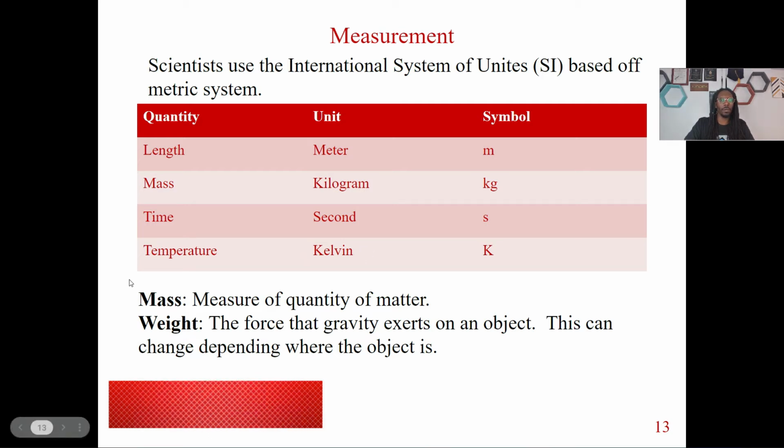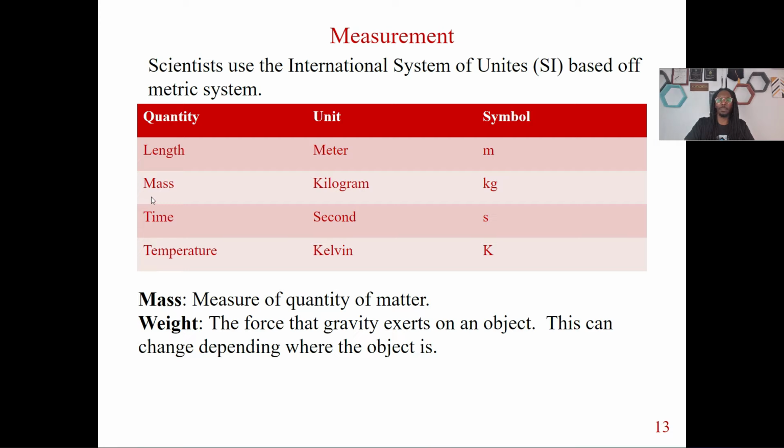Okay. So let's just talk real fast about mass. When we're talking about mass, we're measuring the quantity of matter. So how much matter something actually has. We don't want to confuse this with weight. They seem like they would be the same thing, but they're actually a little different.